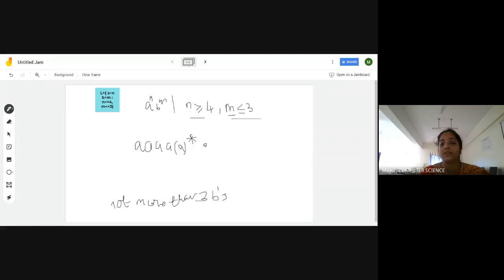So 0 B's also, so I have to go with epsilons. 1 B or 0 B. 2 B's, that is again epsilon plus B. Again epsilon plus B. Epsilon plus B. If you have any doubt in this area, please ask, especially with not more than 3 B's.